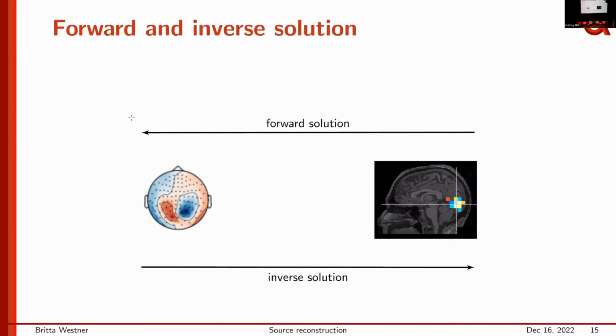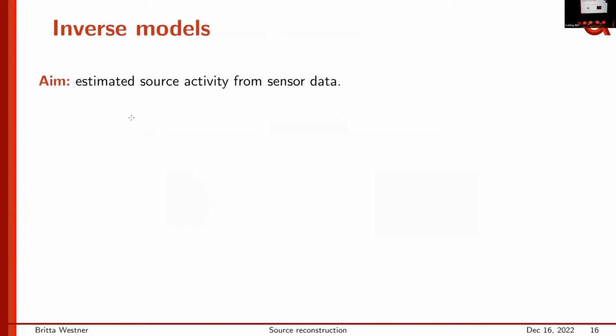But of course, what we ultimately want to do is get from here to here. So let's see how to do that. This step, as I said, is also called inverse modeling. And the aim is to estimate source activity from your sensor data.